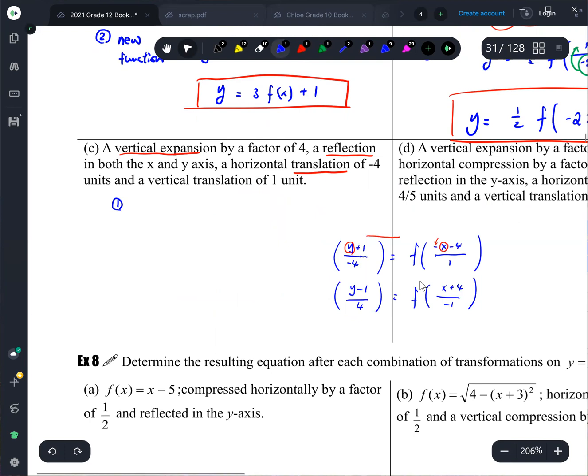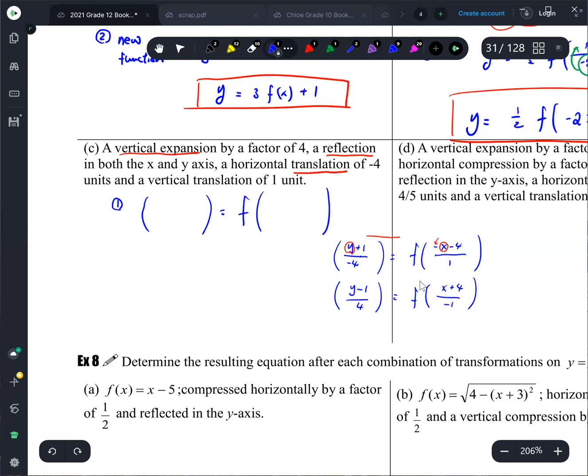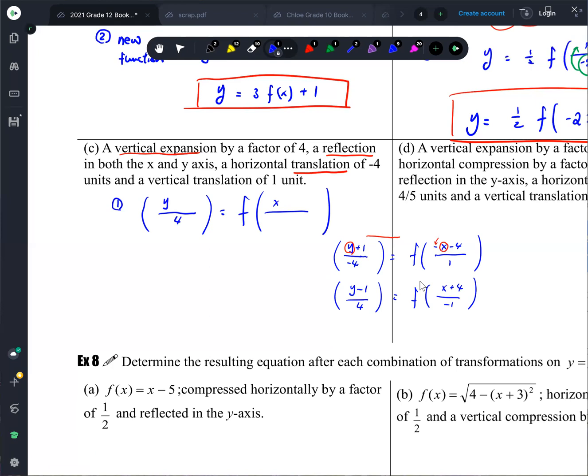Okay, so the first part, we're just adding the ingredient one by one. Vertical expand by 4. So vertical is with a y, so we put a 4 under the y. Okay, I think everyone got that, right? Both of you have the 4, but one is positive, one is negative.